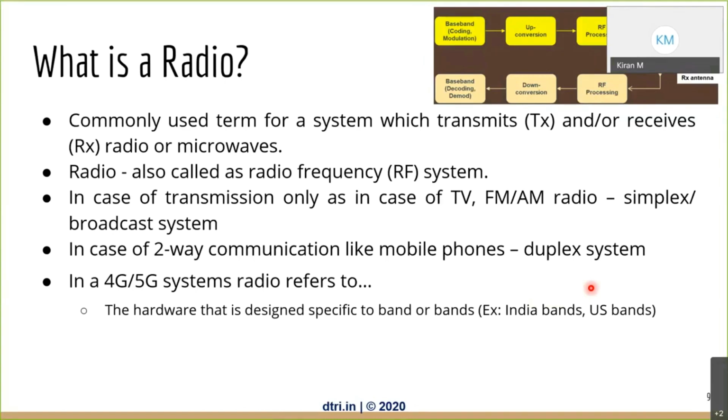You don't have to design with all those bands. Your phone will not look like a phone if you design with all the bands. It will look like a laptop, very big, because it's all hardware. So you want to design it very specific to a region. That way the phone will look like a small size phone.